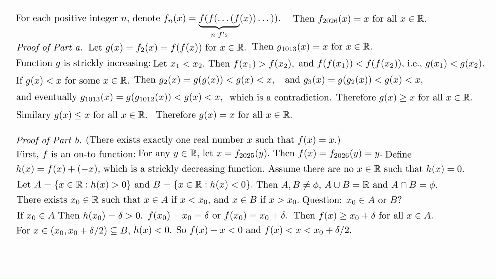So, x0 plus 1/2 of delta is an upper bound of the function f on this interval. Again, because f is decreasing, then for x in the rest part of B, f of x is also less than x0 plus 1/2 of delta, and we establish an upper bound x0 plus 1/2 of delta for all x in B.